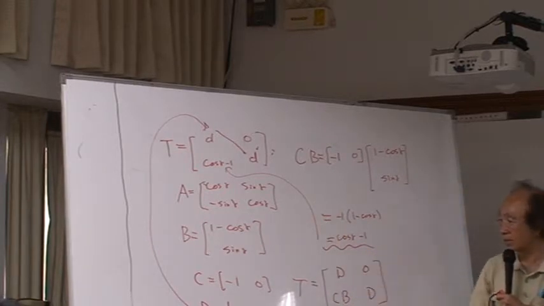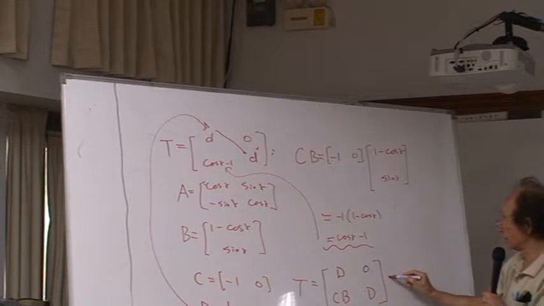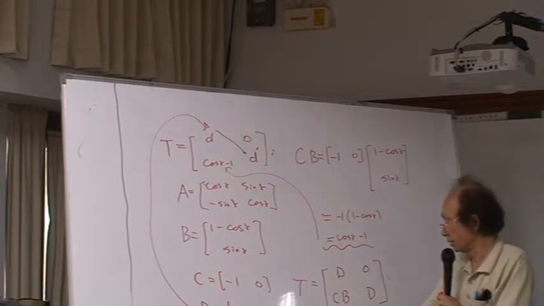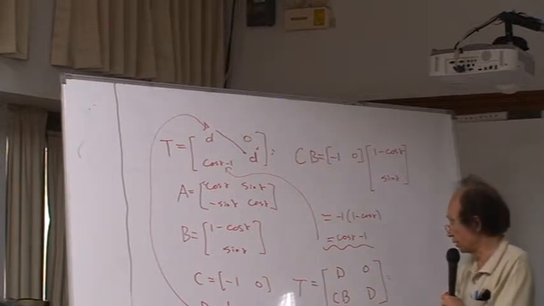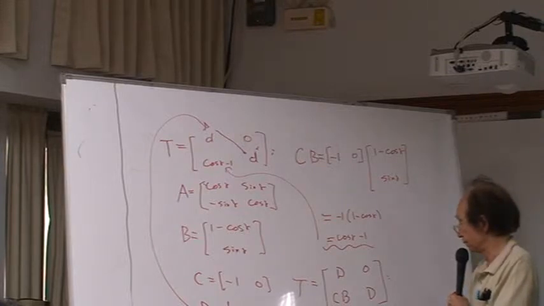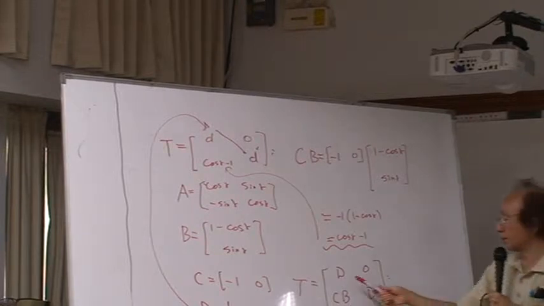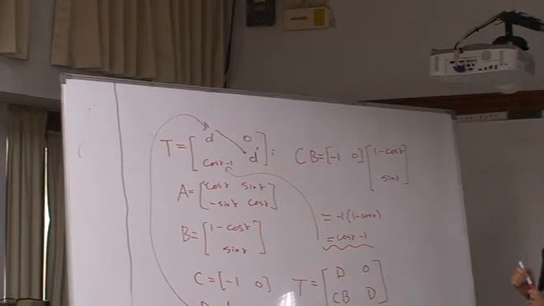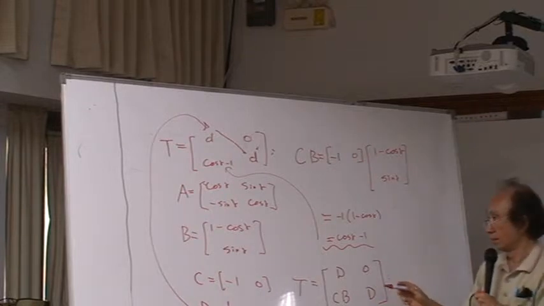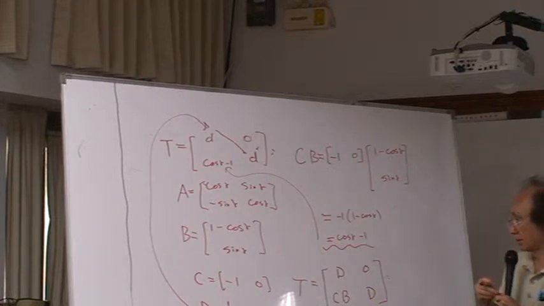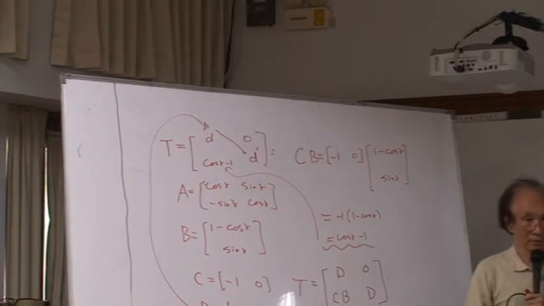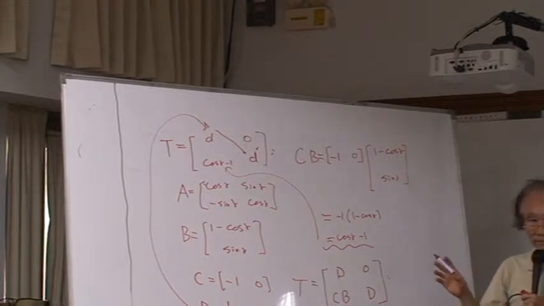This T term has no G involved, no observer gain involved. And what does that mean? DCB here, D. Okay. So, do you catch this? Alright.